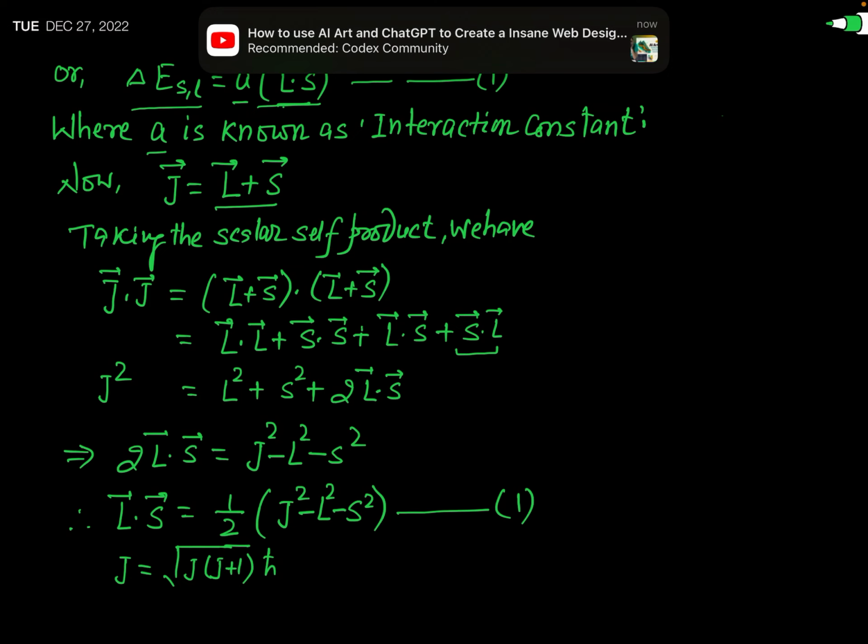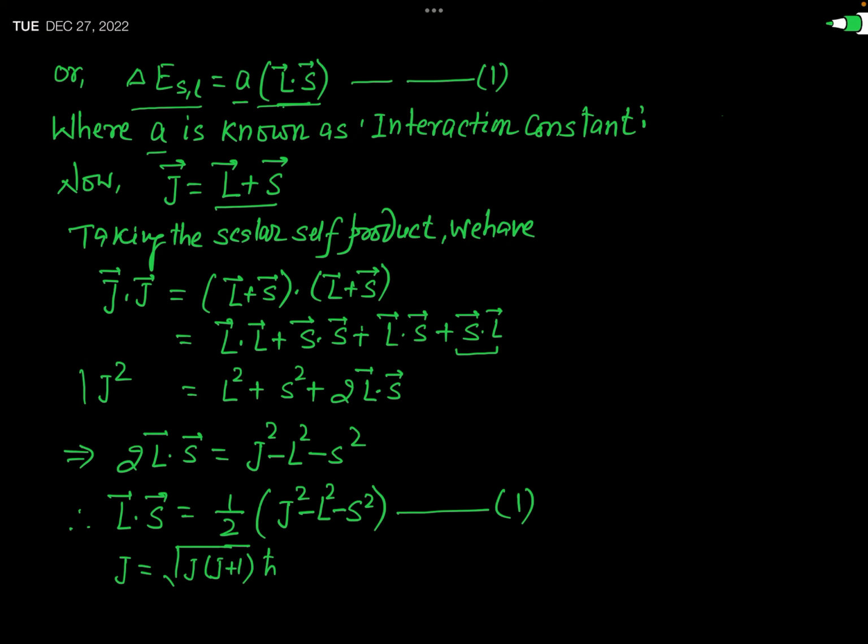In fact, if you write it like this, this is mod of J square, this is mod of L square, this is mod of S square.